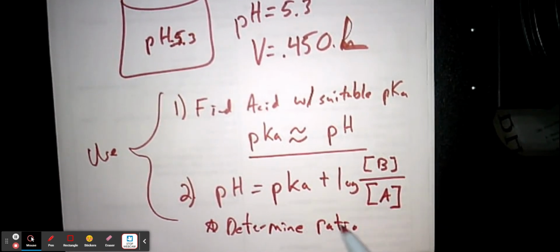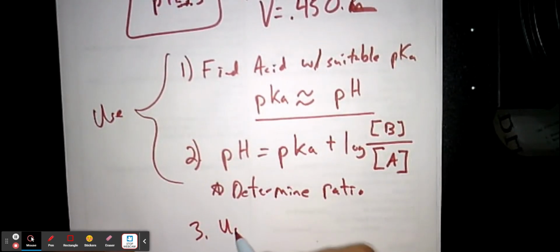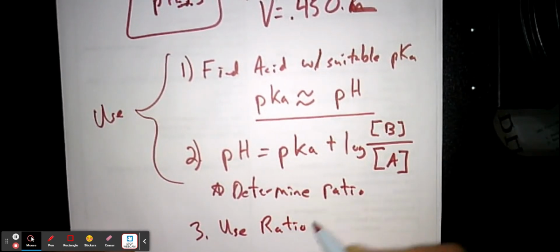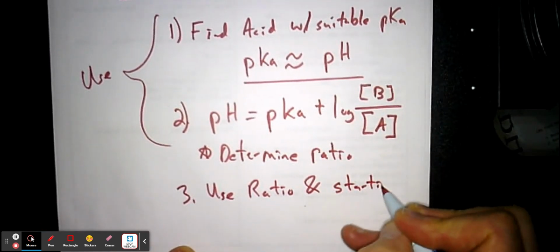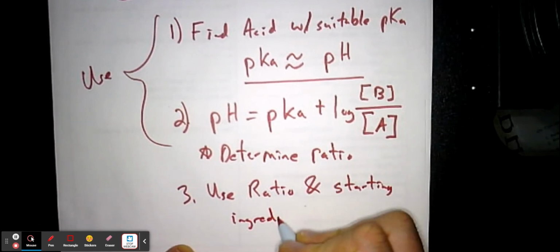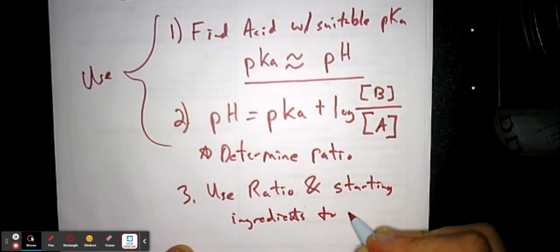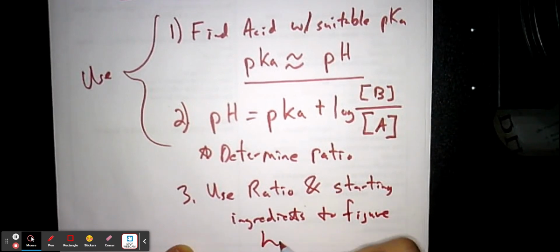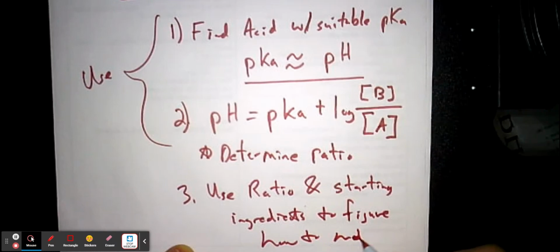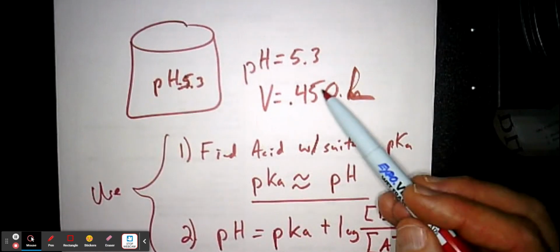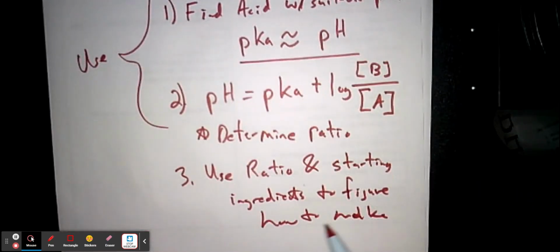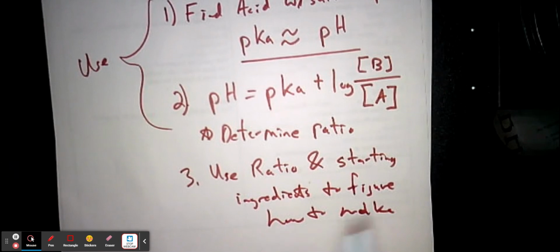Determine the ratio, and then use the ratio and whatever your starting ingredients are. I've just kind of whipped this stuff up, but whatever you've got, like do you have a 2 molar solution? Do you have a salt? Like that kind of thing. All right, I got to pause this.